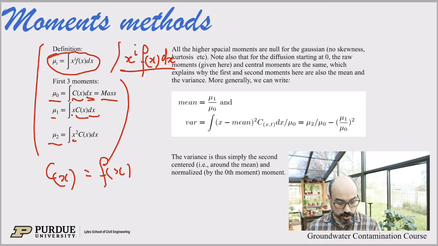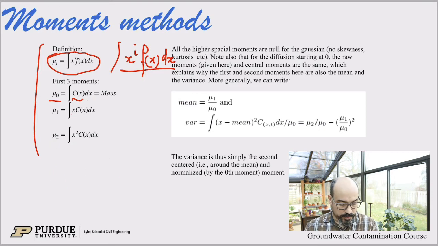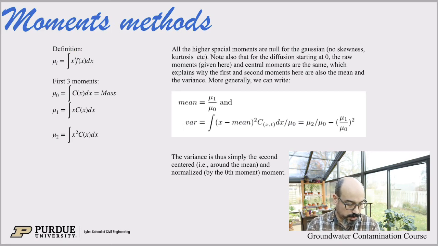So again, once you have the raw moments, from 0 to 2 here, these are the first 3 moments, then you want to normalize them by the 0th moment, and this is really important. So the mean of the distribution is the first moment divided by the 0th moment.